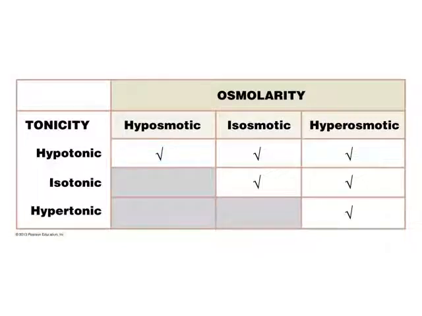So looking here, we can look at osmolarity, and we're looking at tonicity. What's the effect on the cell? Remember, the magic number for the cell is 300 milliosmoles.